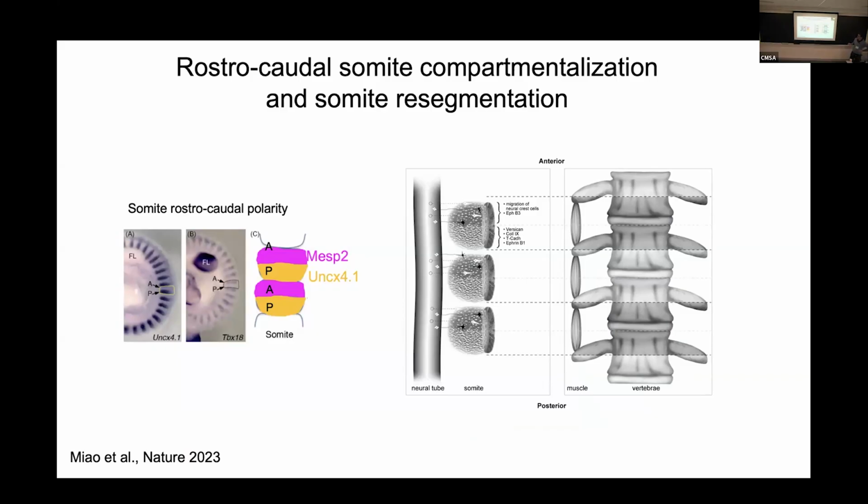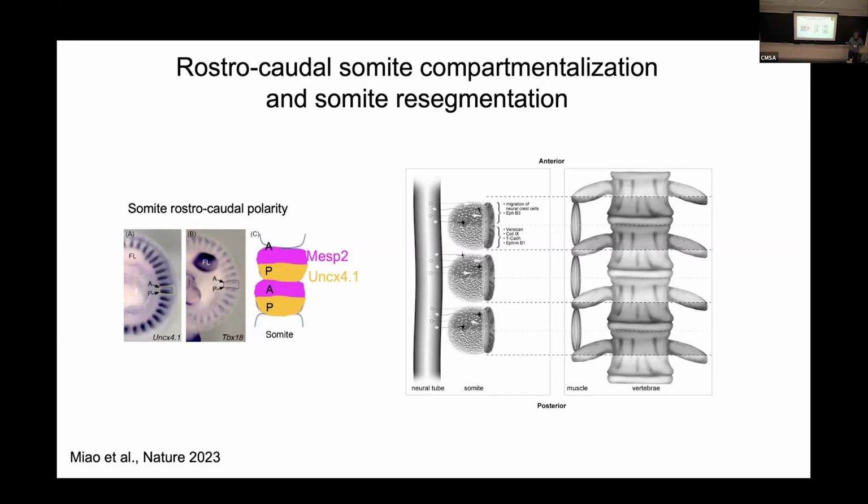Now we can also use this to study the anteroposterior compartmentalization of the somites, which I mentioned earlier, which is important to form the vertebrae and the peripheral nervous system. What Paul was discussing yesterday about the slot directly relates to that.